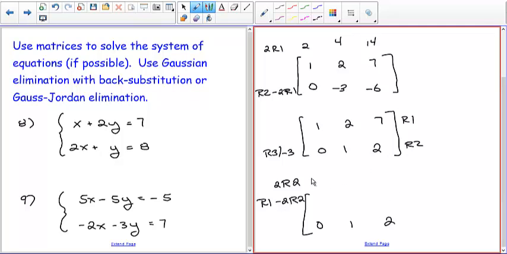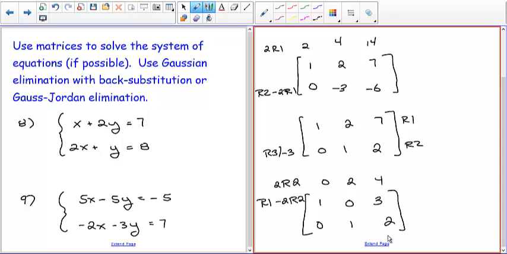So let's take row 2, multiply by 2. So 0 times 2 is 0, 1 times 2 is 2, 2 times 2 is 4. So that's 2r2. Now instead of row 1, I'm going to take row 1, subtract this row. 1 minus 0 is 1, 2 minus 2 is 0, 7 minus 4 is 3, and I end up with that.